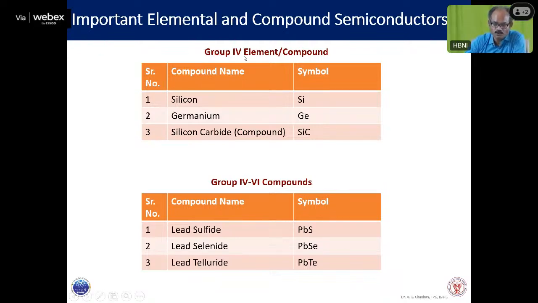So group 4 elements: silicon is an elemental semiconductor, germanium is also an elemental semiconductor. Then the compound semiconductor of group 4 is silicon carbide. Then the important compound semiconductors of group 4-6 are lead sulfide, lead selenide, lead telluride.